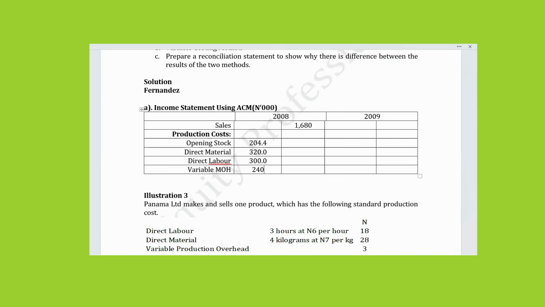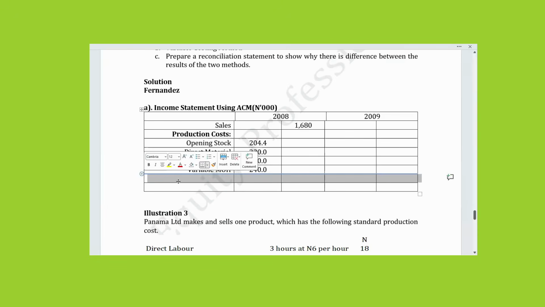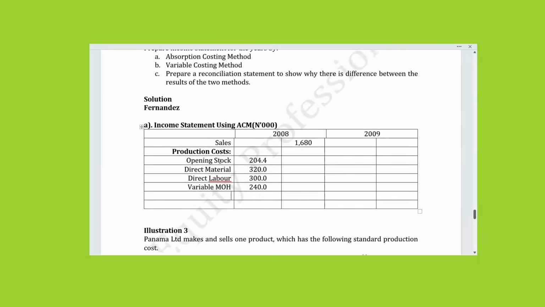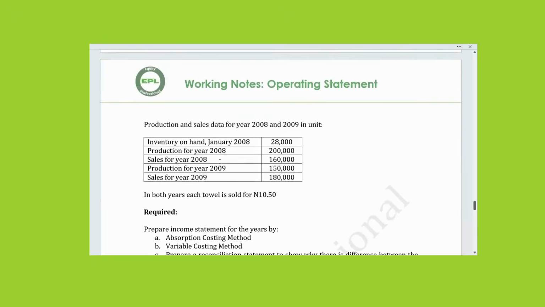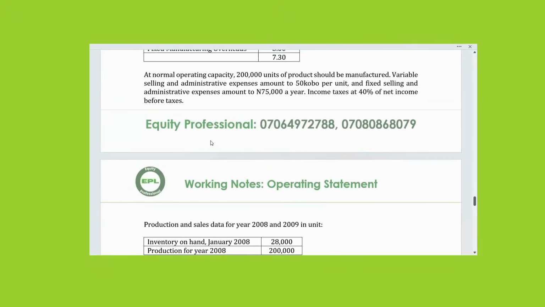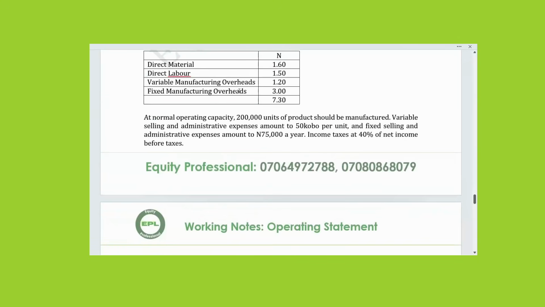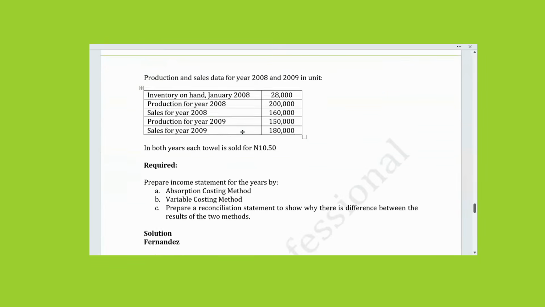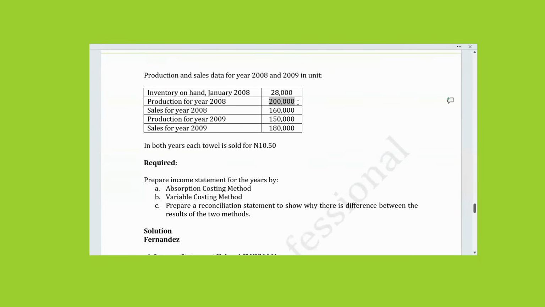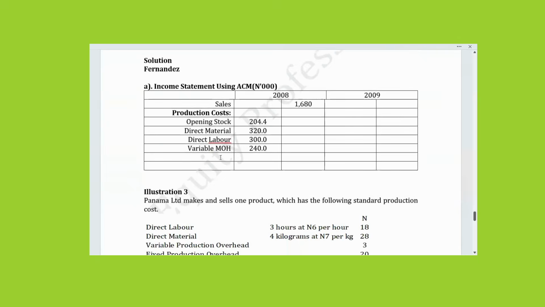I think that should be 240. 240,000, yes, good. The next item, I will go to the question to check if I have fixed production overhead. Yes, the examiner gave us fixed manufacturing overhead of 3 naira. So 3 multiplied by 200,000 units produced in 2008 gives us 600,000.